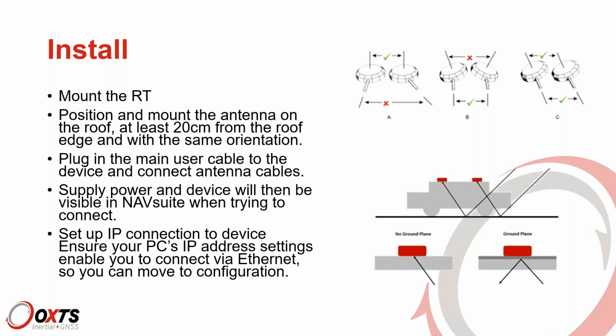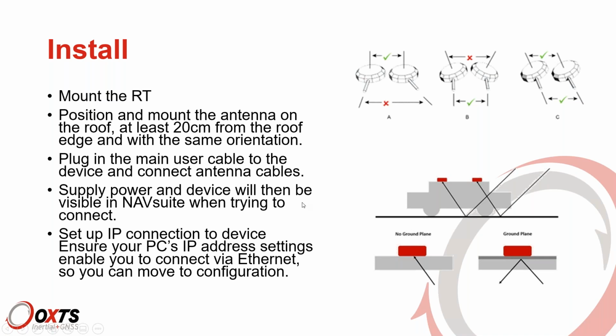This just helps the antennas identify the satellites in the same sky that they're seeing, so you'll get a better dual antenna. And then just having it 20 centimeters away from the edge of the roof just means you have a good ground plane around the antenna, and that just stops the multipath signals that get bounced from the ground up into the antenna from affecting the results.